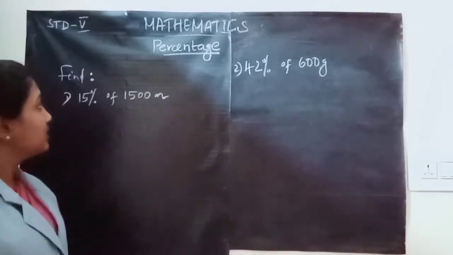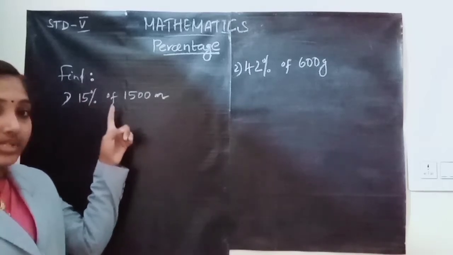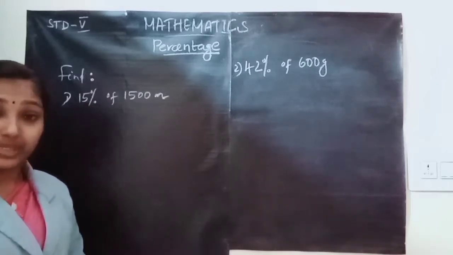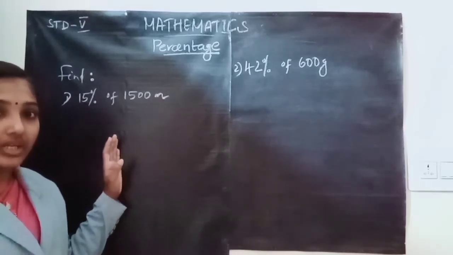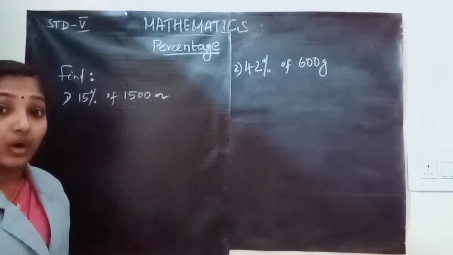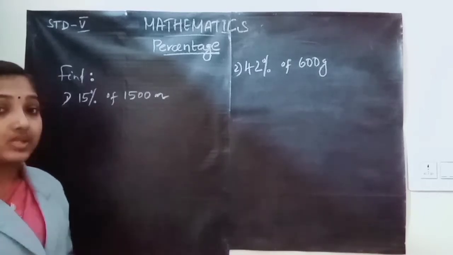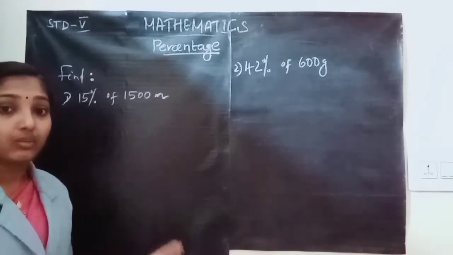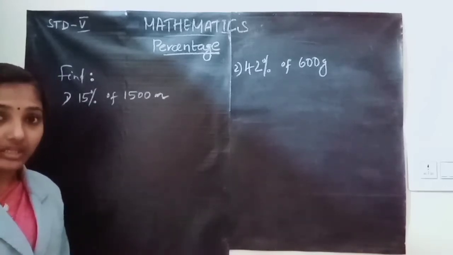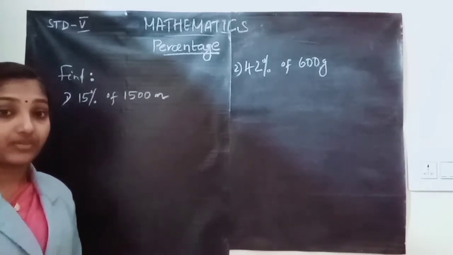Okay, moving to our next question. See, here the question is to find 15% of 1500 meter. Okay, so here the percentage is given and we have to find out how much will be 15% of 1500 meter. So a total of 1500 meter is in our hands and we have to find how much will be 15% of that.